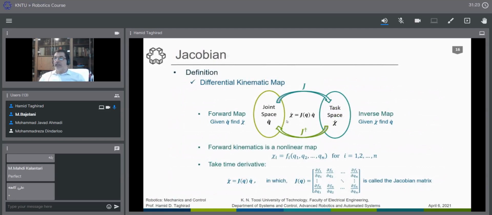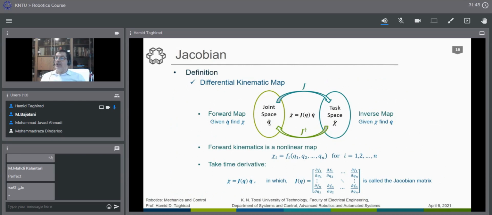First, as we discussed before, the Jacobian is a forward map to map the joint space differential variable Q dot into the task space differential variable X dot.